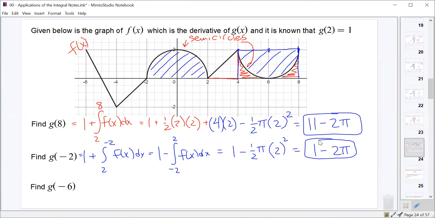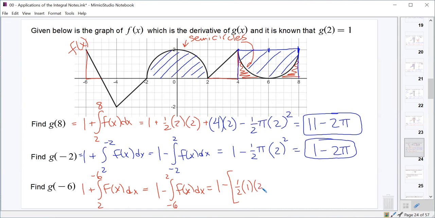And for our last one down here, we should have 1 plus an integral from 2 to -6 of f, which would be the same as 1 minus the integral from -6 to 2 of f of x dx. So 1 minus the quantity of the integral from -6 to 2. Well, from -6 to -5, we've got a positive 1/2 base of 1 and height of 2.